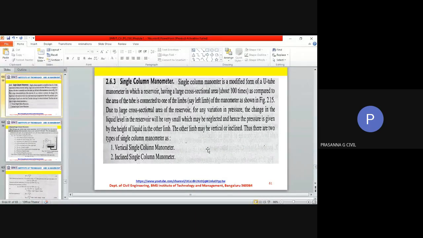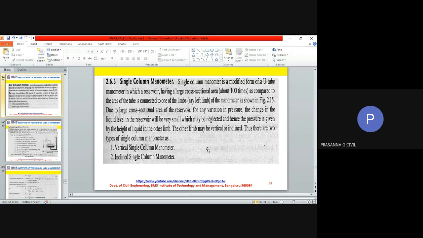Single column manometer, construction wise, compared to your U-tube manometer, has a large reservoir-like container attached to the U-tube. The thin pipe of the U-tube is open to the atmosphere. Because this reservoir area is almost 100 times that of the thin tube, a small change in pressure which may not be noticeable here will give an appreciable height increase in the tube attached to the reservoir.